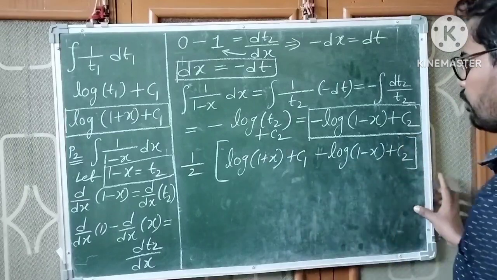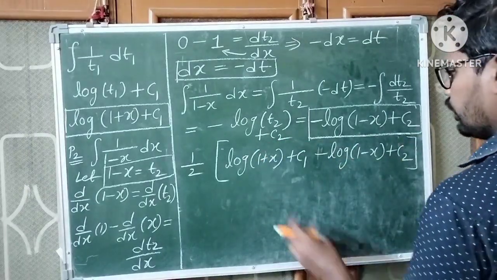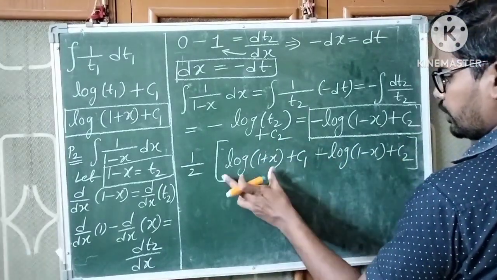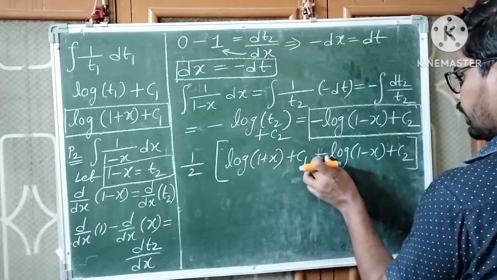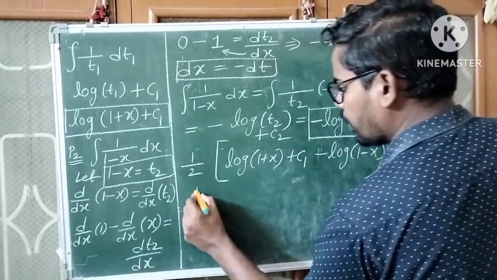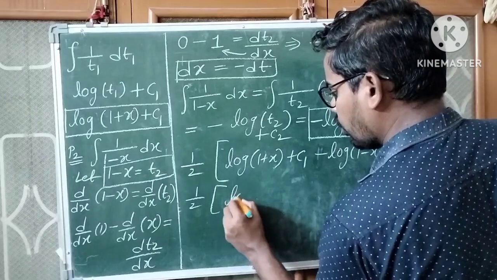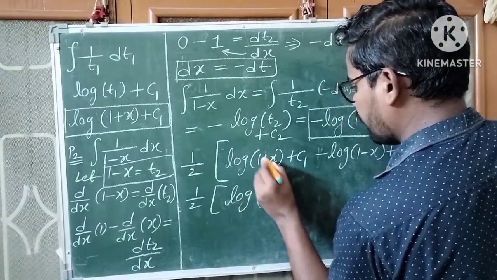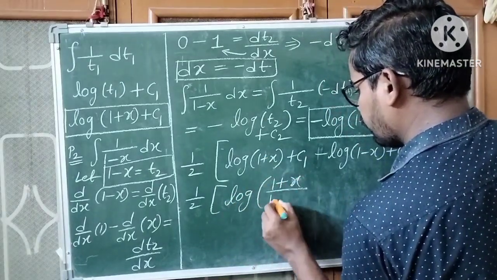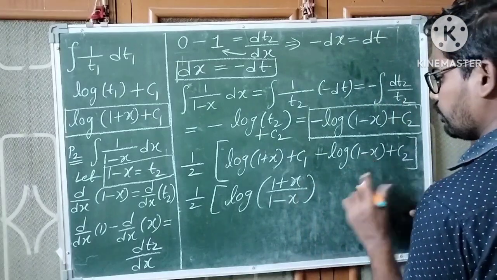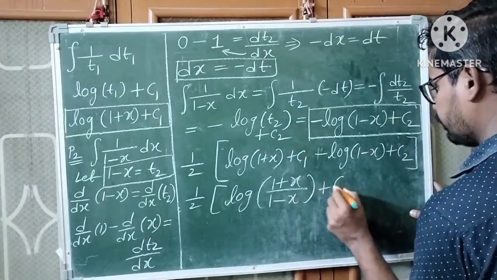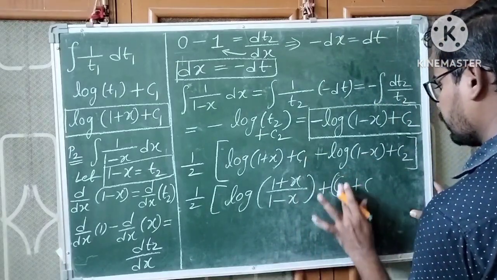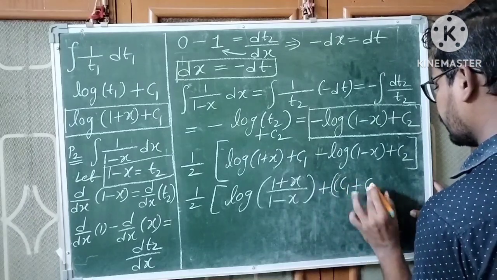Now log a minus log b is log a by b, where a is 1 plus x and b is 1 minus x, plus the constants c1 plus c2.